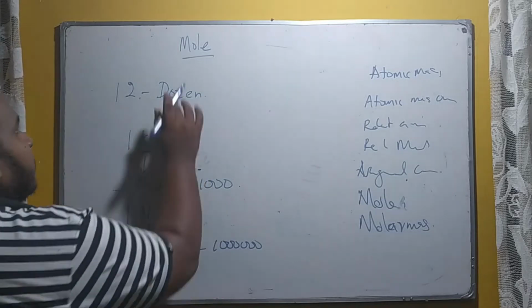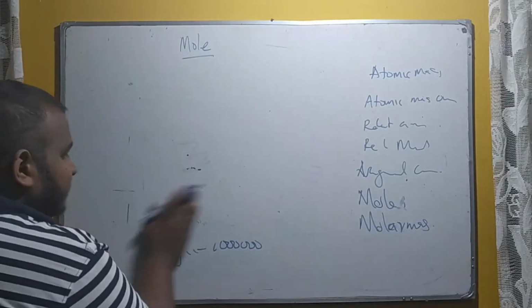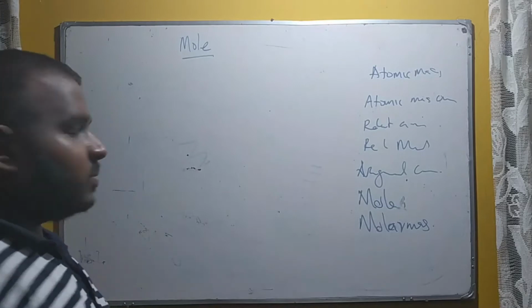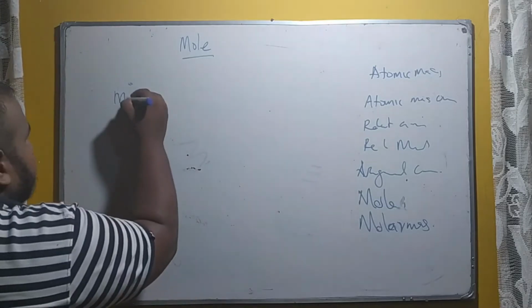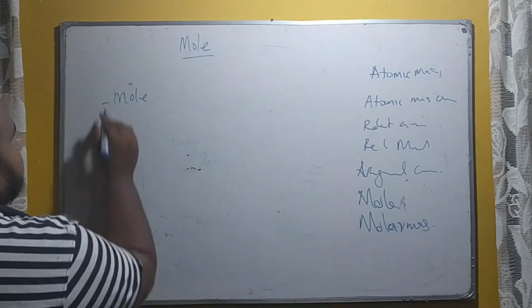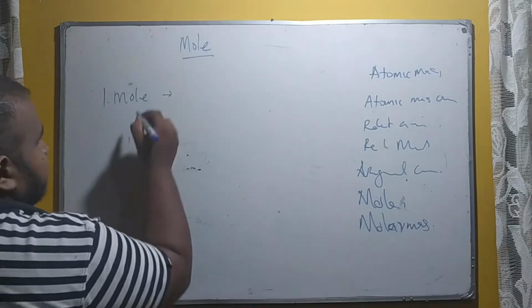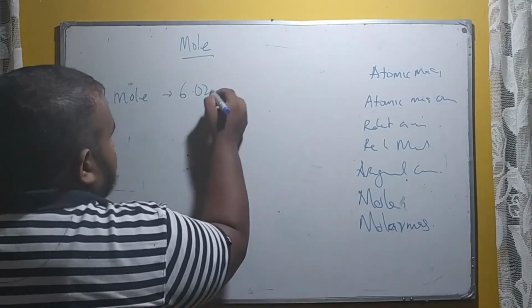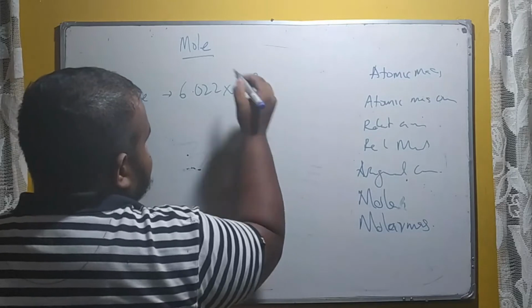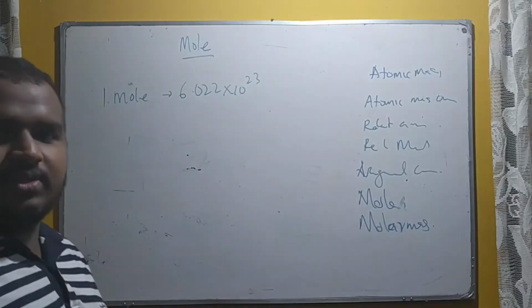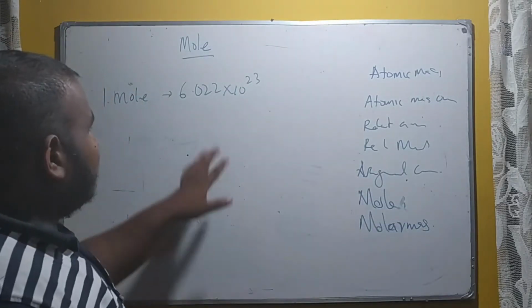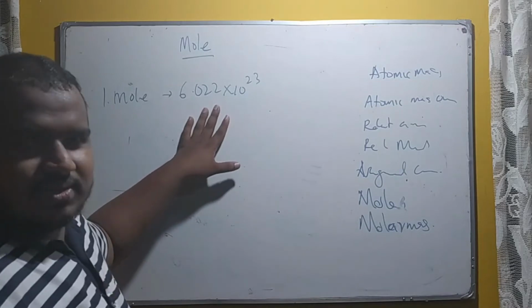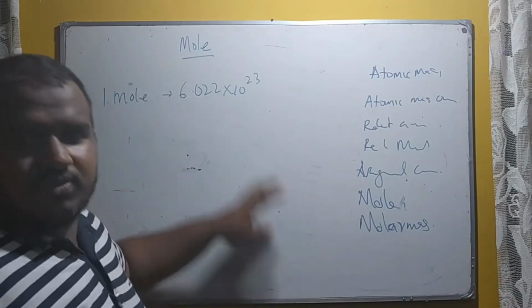Likewise, 1 mole means 6.022 in 10 to the power of 23, the Avogadro constant. If you collect this much of stones, we call it 1 mole of stones.